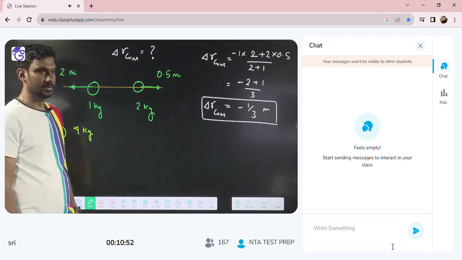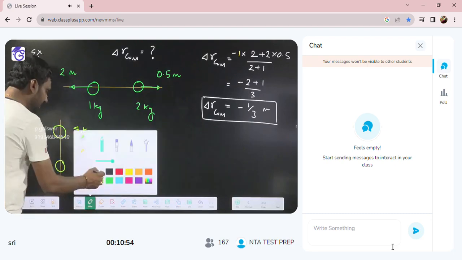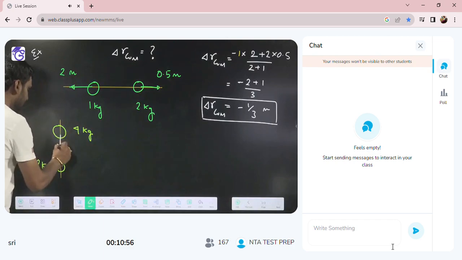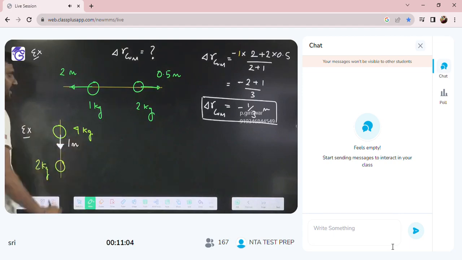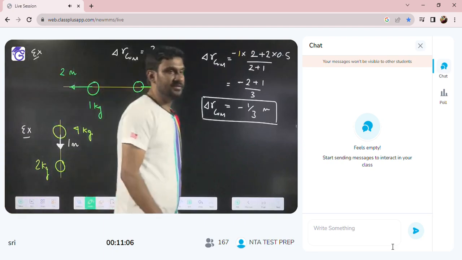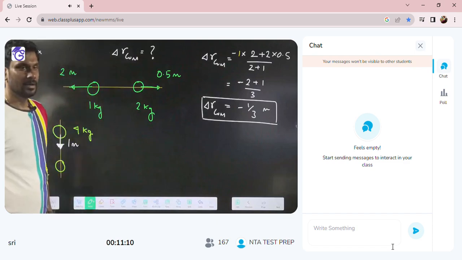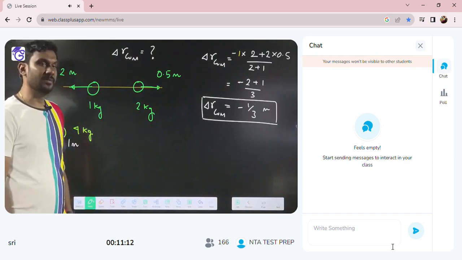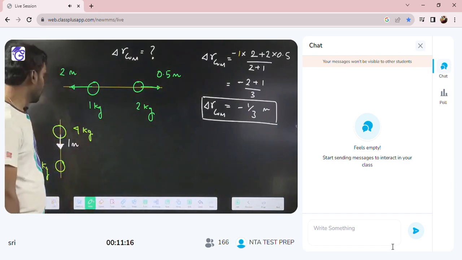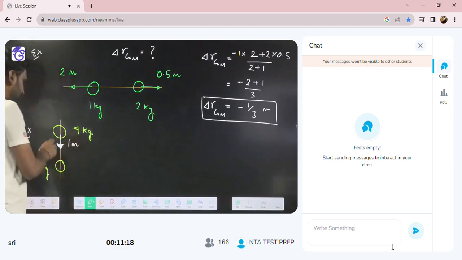Then it is said, this is shifted in this direction by 1 meter. 4 kg is shifted downward by 1 meter. Correct? Always, the center of mass will be near the heavier body. So 4 kg is shifted downward by 1 meter.